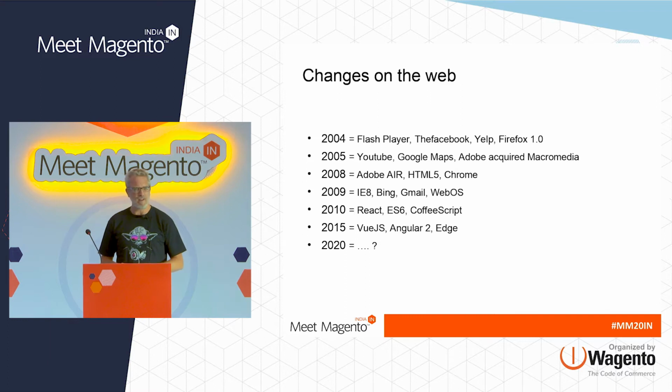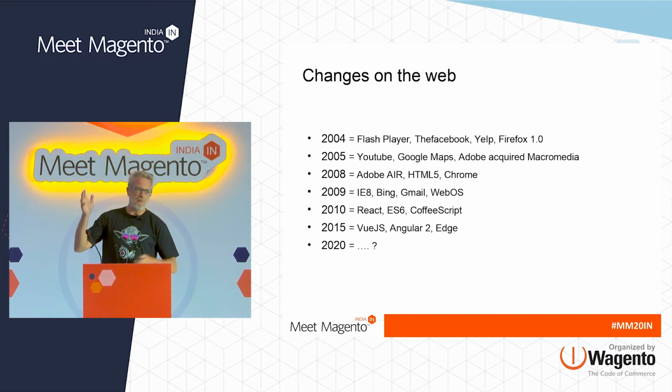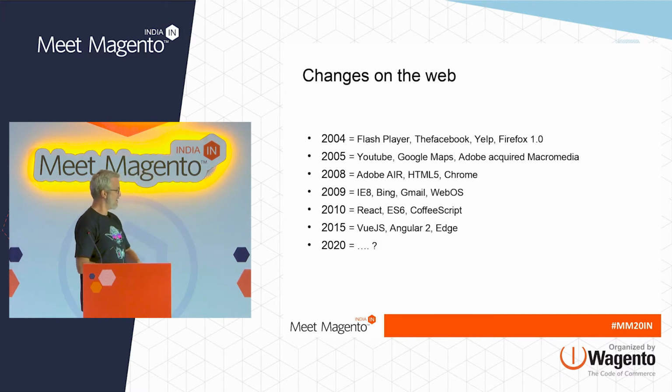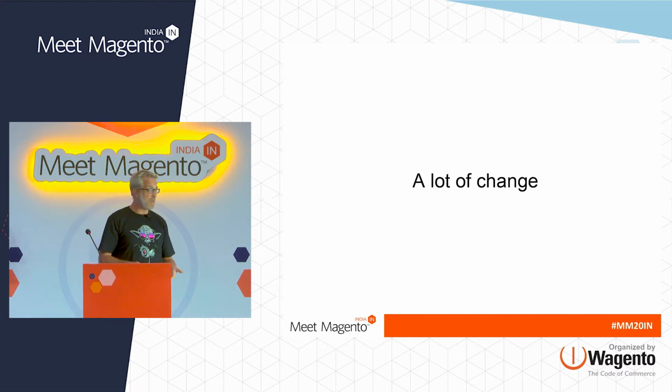I'm not sure if anybody ever developed something in Adobe Air. No, well, that's maybe also a point. Sometimes Adobe is doing really successful things like Flash, and sometimes it's not doing that many successful things like Air. But in the end, a lot of change happened, and that's basically my main point. Throughout the years, a lot of change was there, in my life and in the front end.